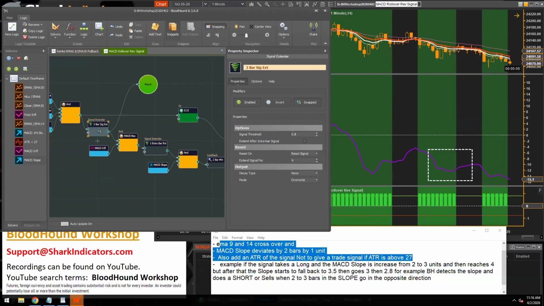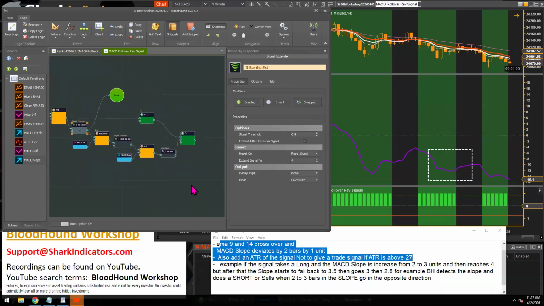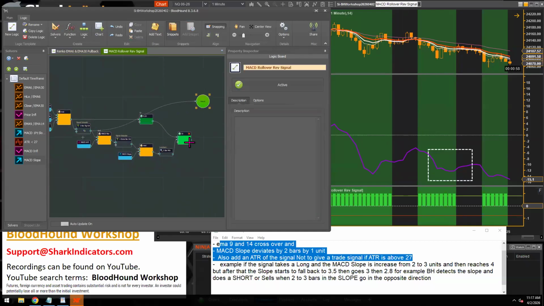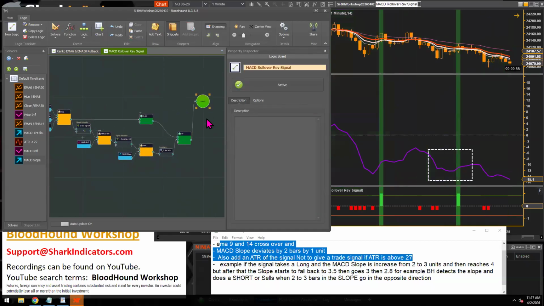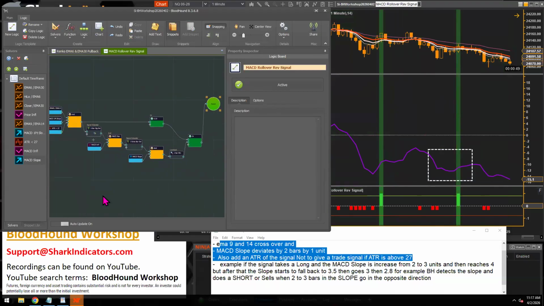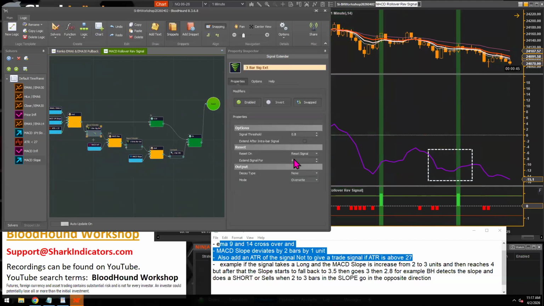So if I put 4 there, now we can see the MACD reversed up one more time. And that, I believe, should generate, there we go. There it is. So I'm going to knock that back down there.